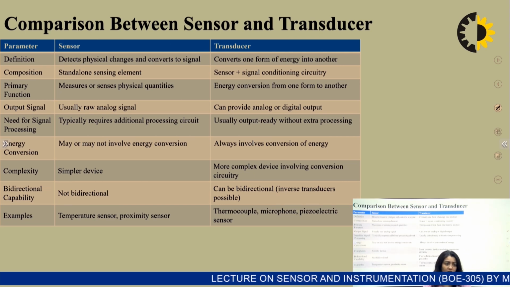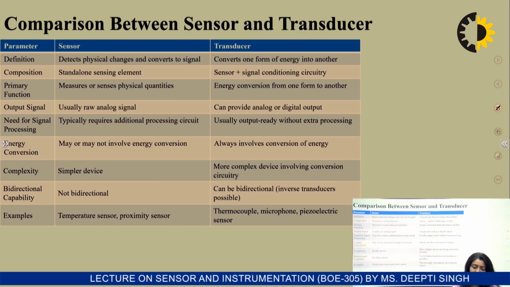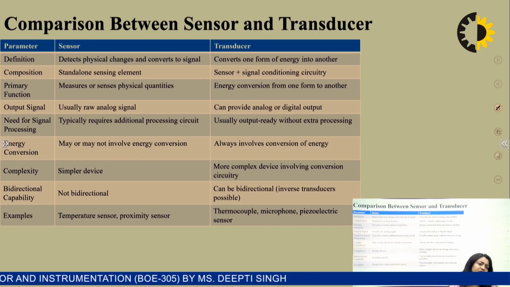In most cases, sensors capture a mechanical parameter and convert it into some kind of mechanical or electrical parameter, and transducers convert that mechanical parameter into some kind of electrical parameter.